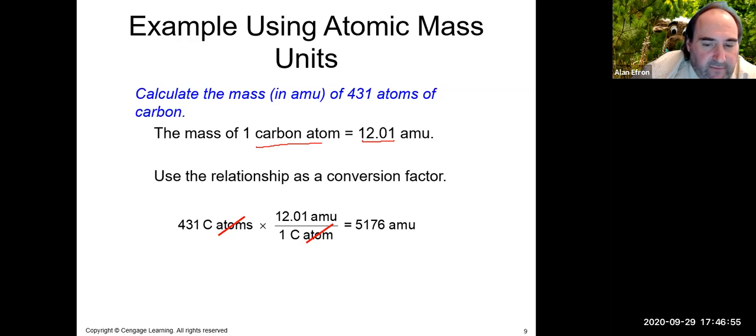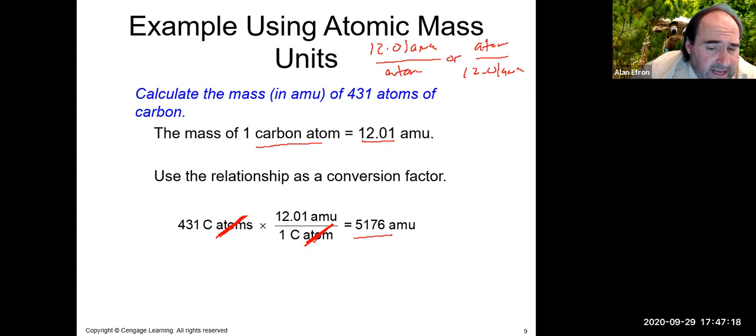That really gives us 2 conversion factors: 12.01 AMU per atom, or an atom per 12.01 AMU. Here we would just do a dimensional analysis. Atoms cancel. 431 times 12.01 gives us 5176 AMU as the atomic mass of 431 carbon atoms in this particular case.